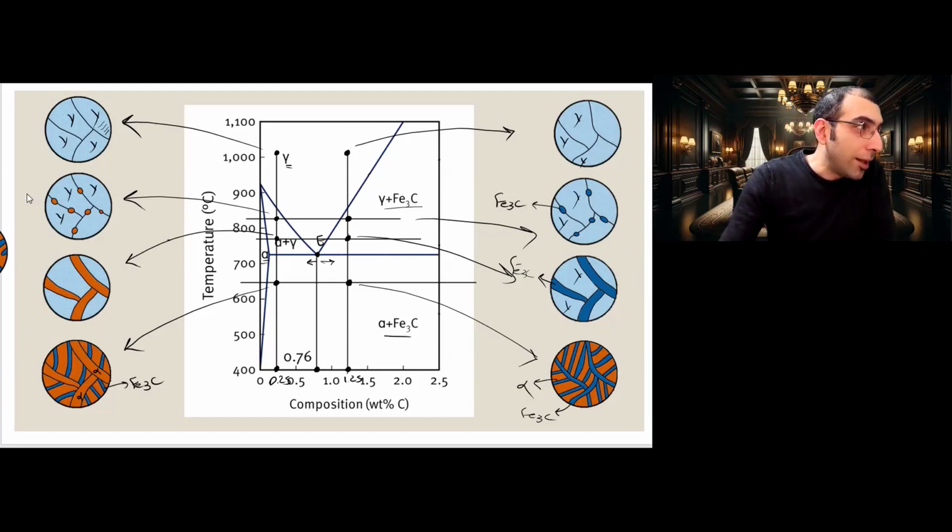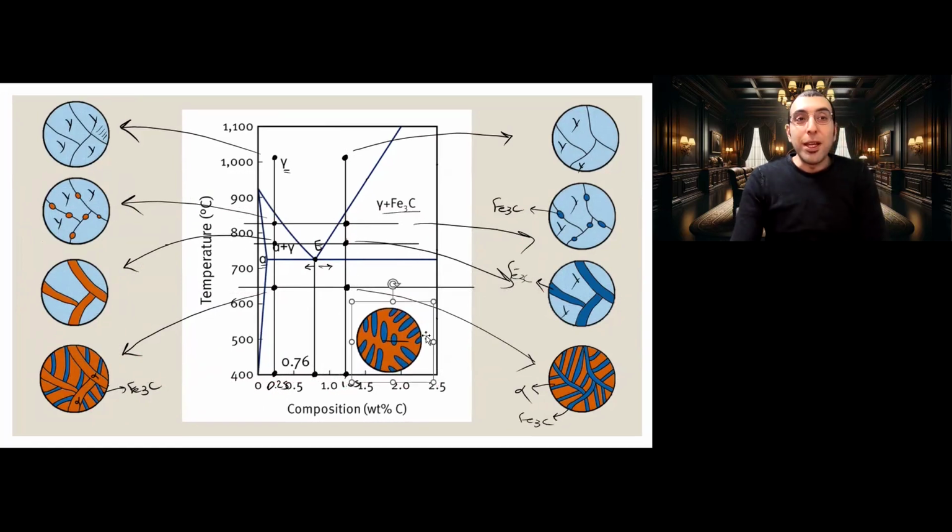I also had an image here that I think it's good to bring on. This image is for the phase formation exactly at the eutectoid point. We discussed hypoeutectoid and hypereutectoid, but if you are at the eutectoid composition and you start from here, cooling it down, in this region you have only gamma austenite, so it will look like either of them.